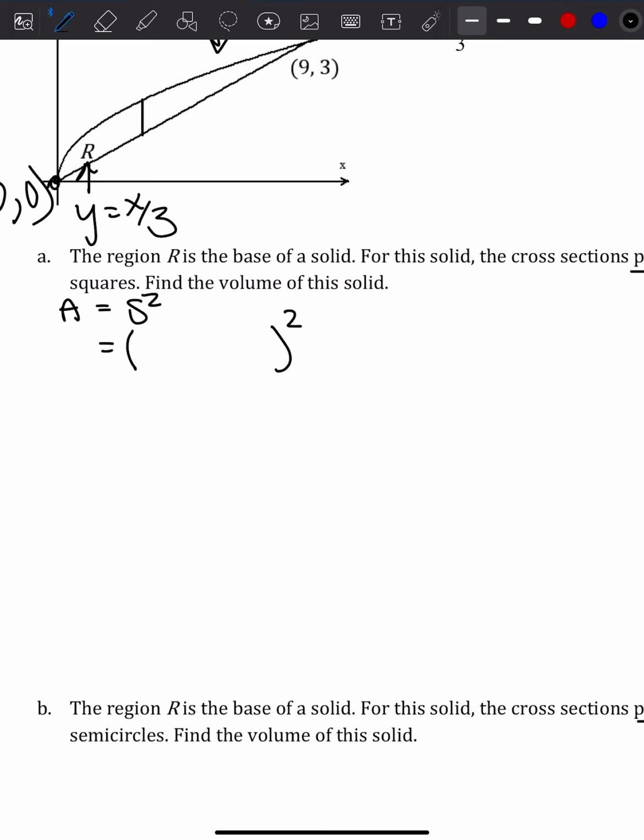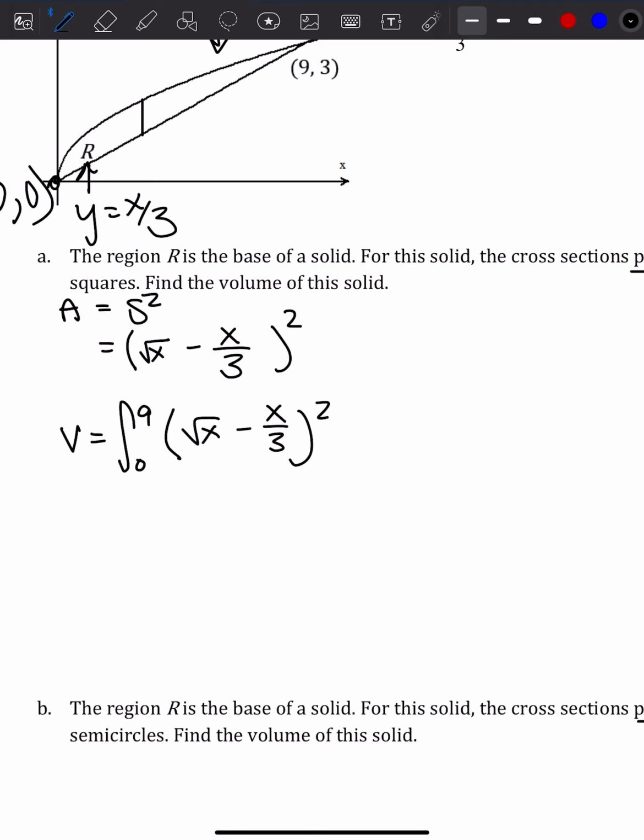So we take the top equation, the square root of x, minus the bottom equation, x over 3, and we get our area equation: square root of x minus x over 3, all squared. So our volume equation, we're going to integrate from x equals 0 to x equals 9 of the square root of x minus x over 3, squared.